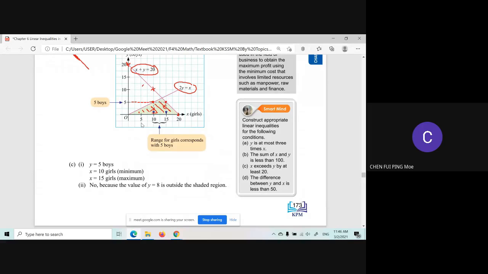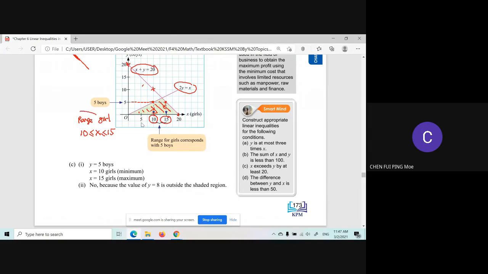Remember, the answer is all in the shaded region. Okay, so you go, stop at here. So 10 is minimum, 15 is maximum. If they ask what is the range of girls when a boy has 5 people, then the range is the smallest is 10, including, and the maximum is 15.